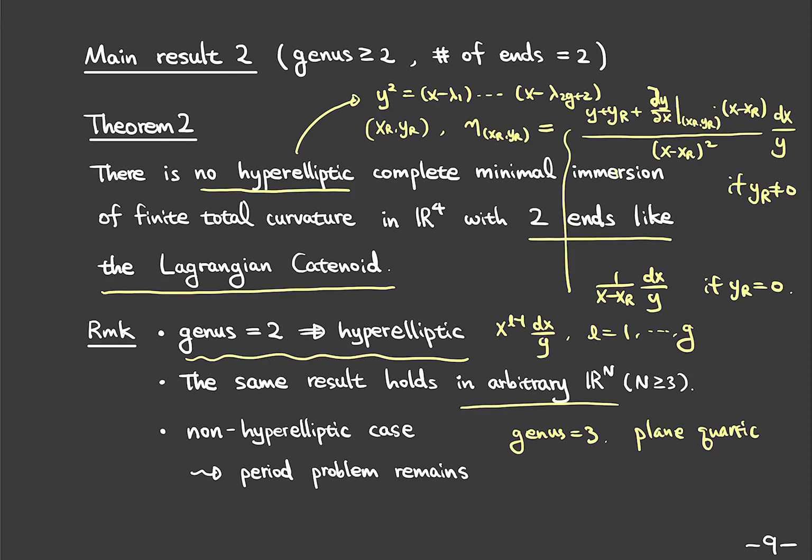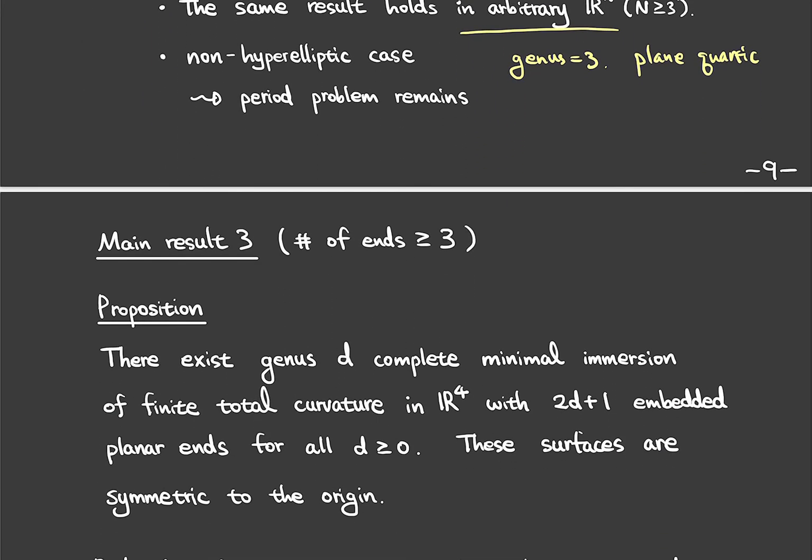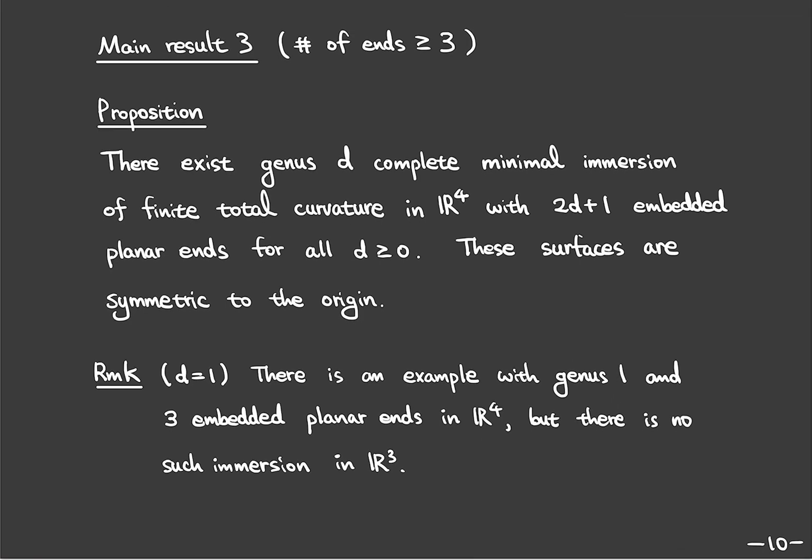And finally, we give some examples when the number of ends is greater than or equal to 3. So we confirm that there exists a genus d complete minimal immersion with 2d plus 1 embedded planar ends in R4. And here, d is a non-negative integer.